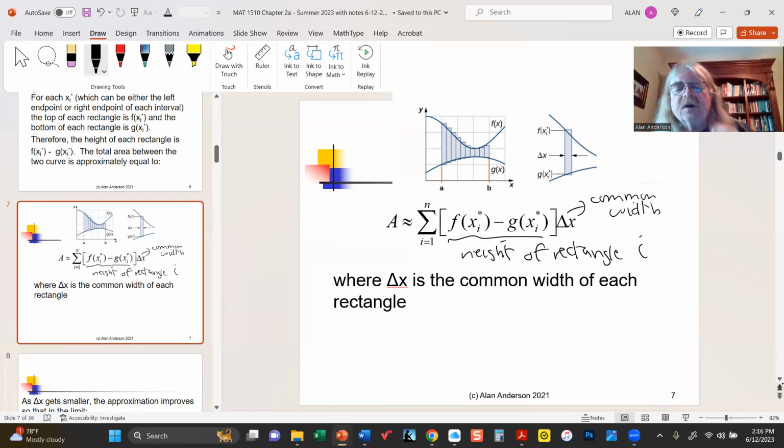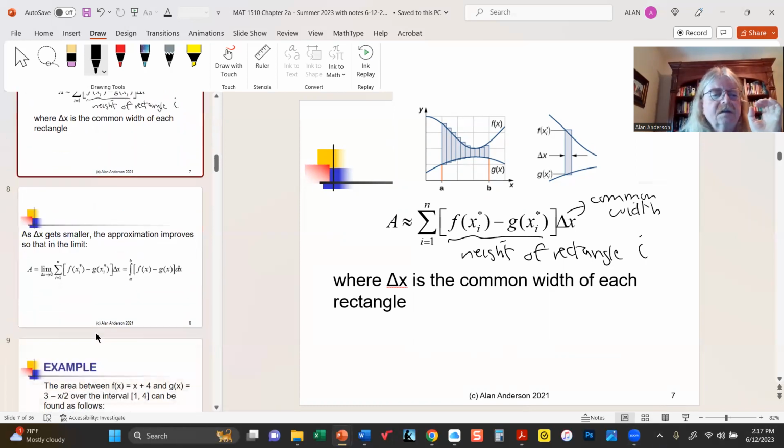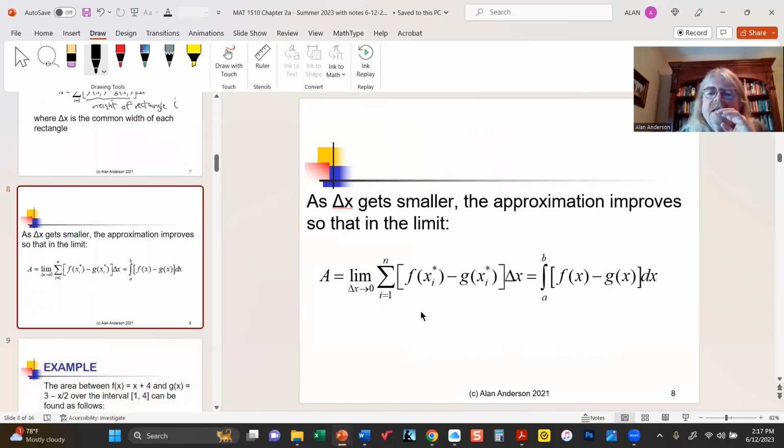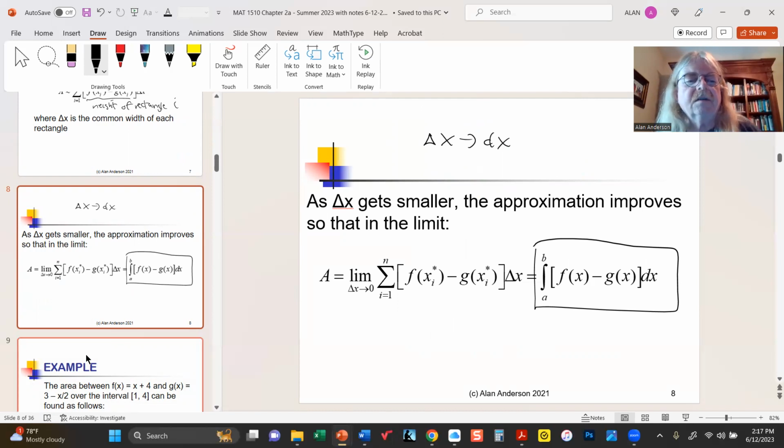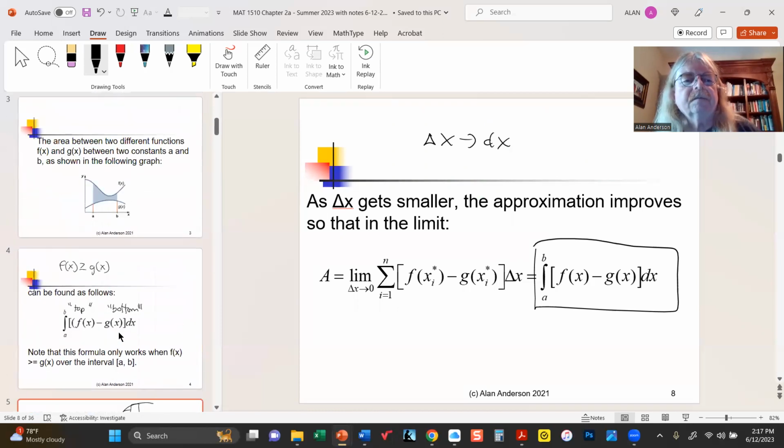But if we keep increasing the number of rectangles by shrinking delta x, in the limit, as delta x goes to 0, this converges to the integral, because remember, an integral is an infinite sum of the difference between f of x and g of x. So in other words, delta x converges to dx, and the sum converges to the integral. And so what this does is it justifies this formula.